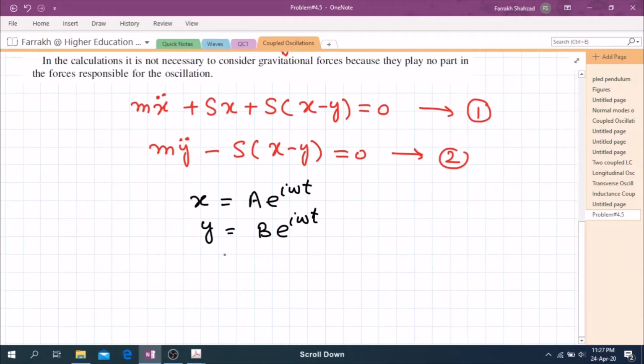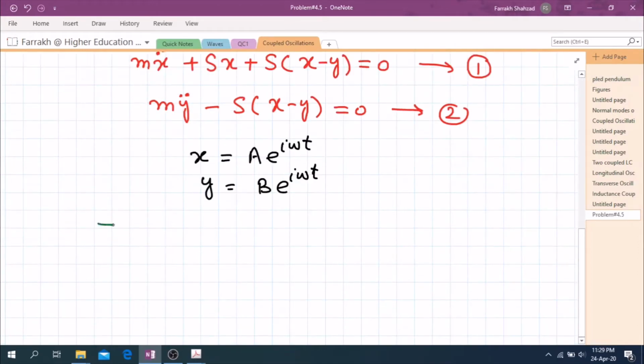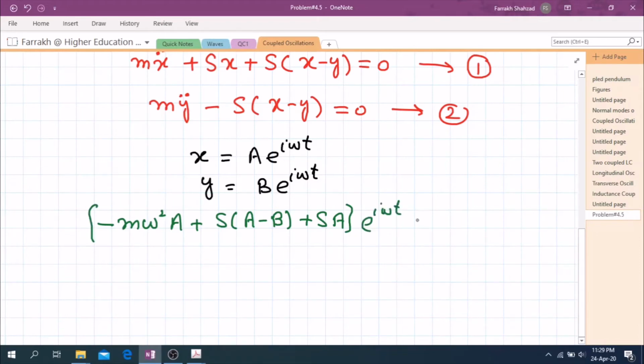If I put these values, I will get the resultant equation: minus m ω² A plus S into (A minus B) plus S into A, where I have taken e^(iωt) common, equals 0.